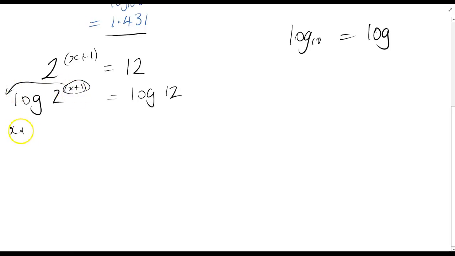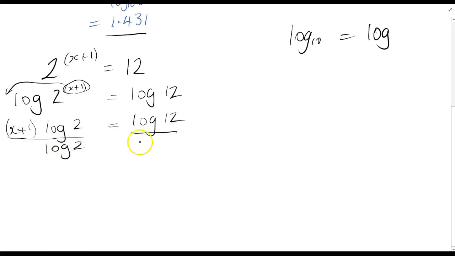So I'm going to have x plus 1, I'm just going to put that in brackets so I don't mix it up, log of 2 is log of 12. Lovely. Now let's get that x plus 1 by itself. So I'm going to divide by log 2. Whatever you do to one side, do the other. They cancel out, and now I have x plus 1 equals this beast right here, log 12 over log 2.